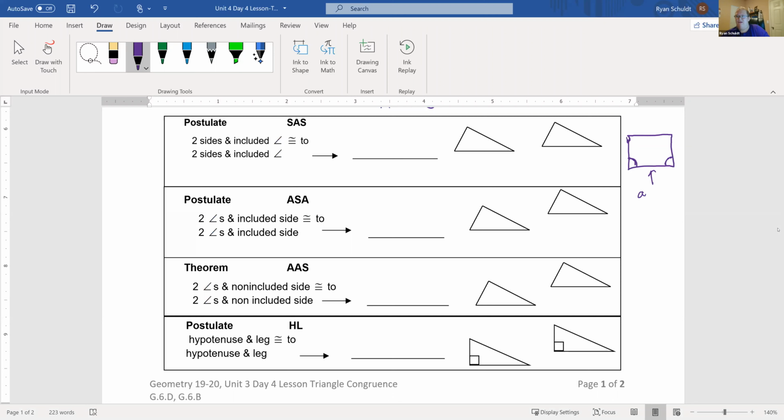That means angles are congruent. Actually, let me clarify that some. That's what those marks mean. Angles are congruent.